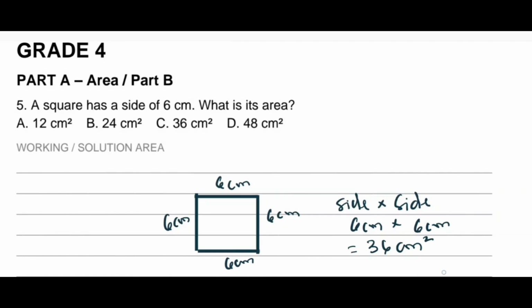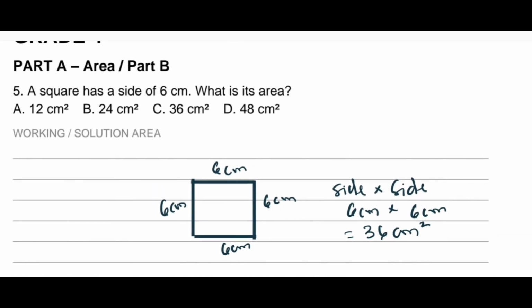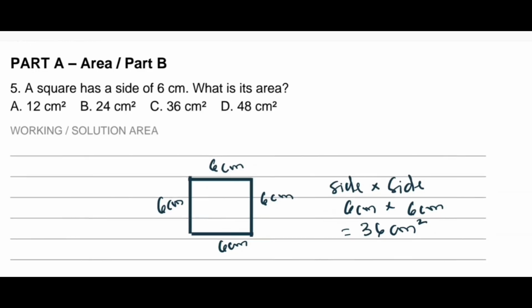You always have to bring the squared at the top. So we have 36 centimeters squared. That is the area of the square. So the answer is C.